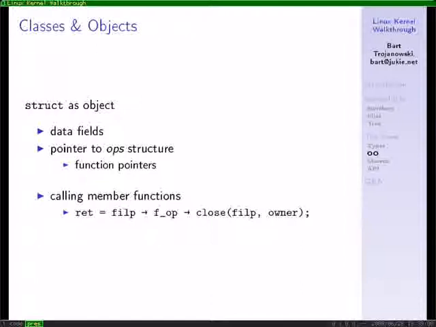So in this case, for example, all of the actual real files would share one file structure, whereas sockets might have a different op structure, and they will have a different set of pointers. So the file object must be passed as the first argument by convention to all of the member functions of this particular object.